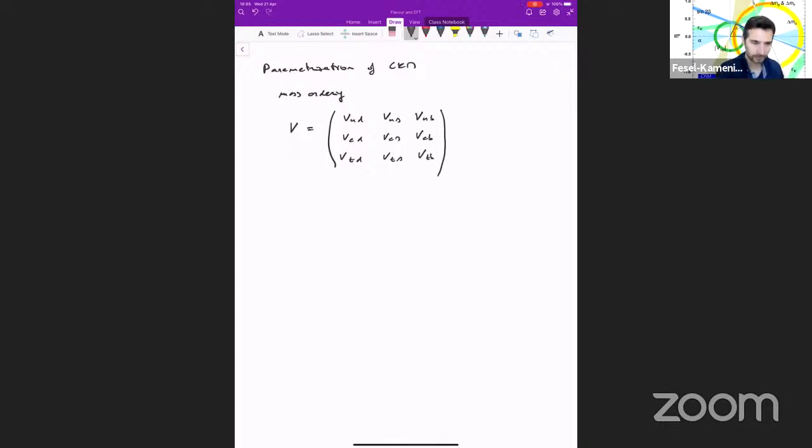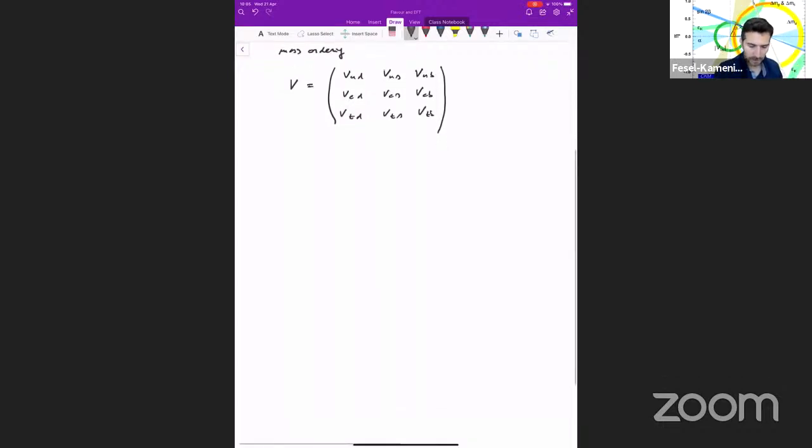Okay. Now, what is important in choosing a convenient parameterization which would reflect the 4 physical parameters of the CKM is that there is a clear structure in the sizes of the elements of the CKM. In particular, there is a strong hierarchical pattern in the off-diagonal elements.